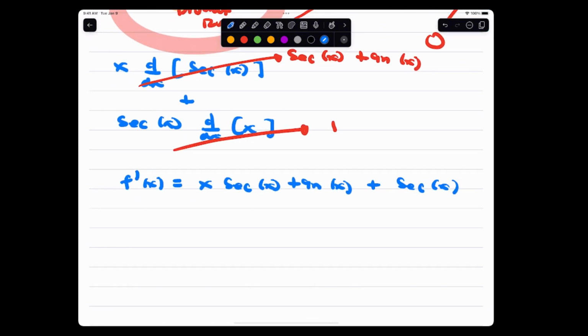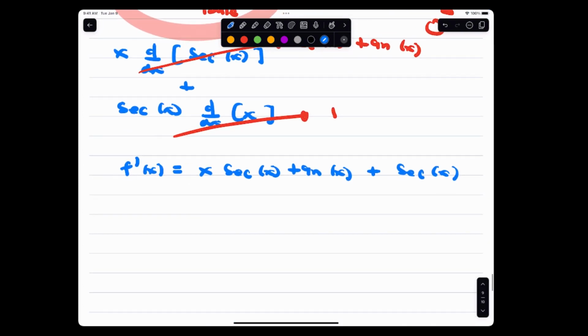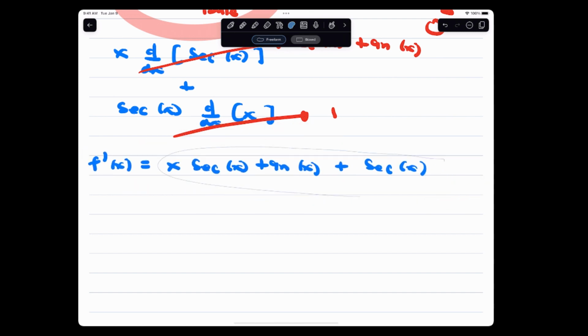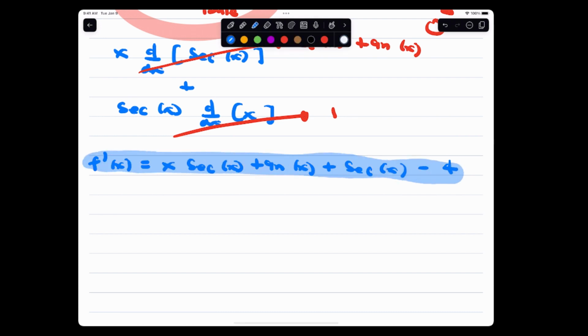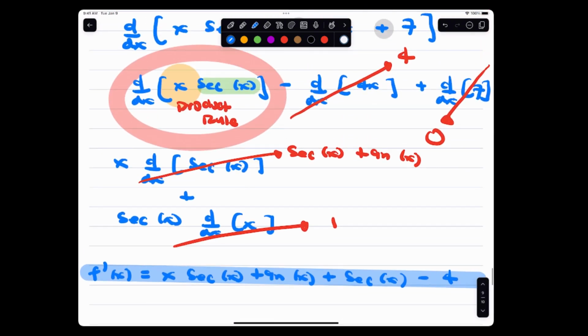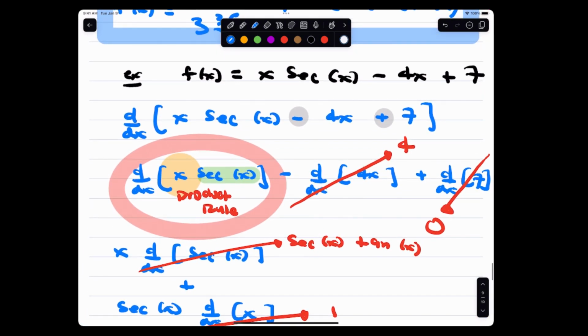Plus secant minus what? 4. There you guys go.